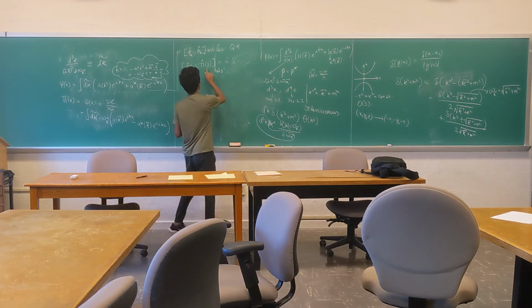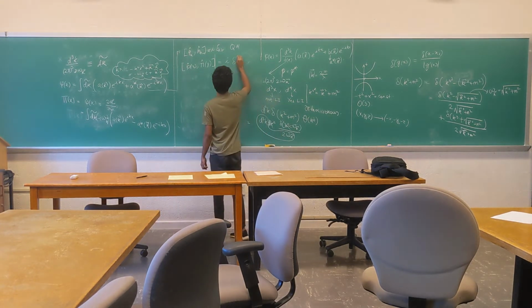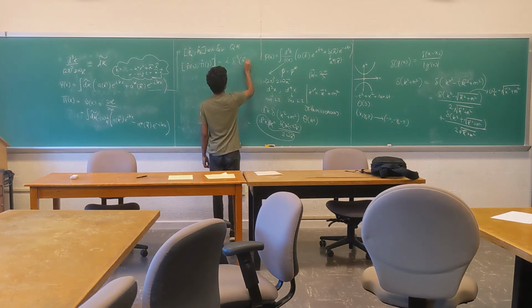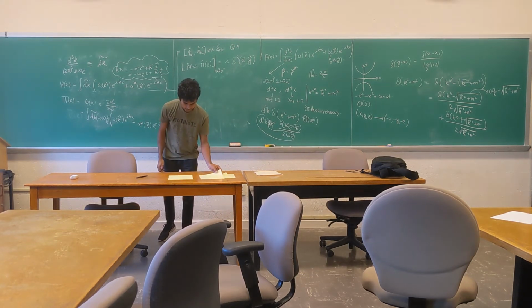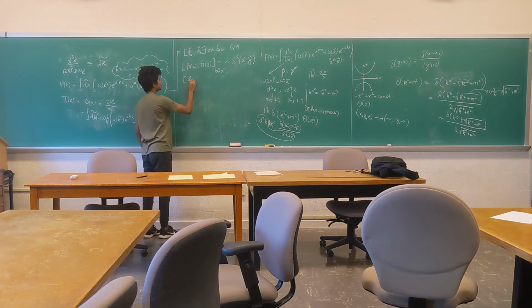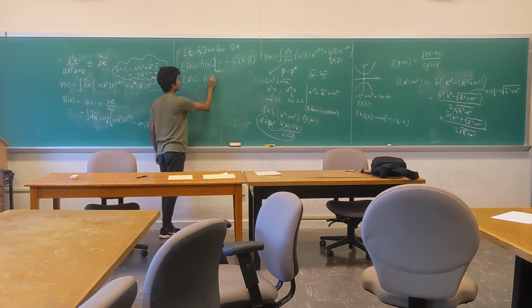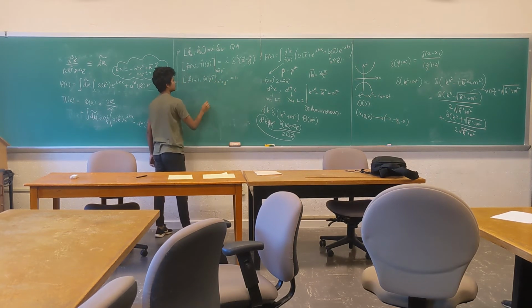Then you just have actually 3 variables inside this, each of them. So it's delta 3 of x minus y. And the other commutation relations are trivial. Phi hat of x, phi hat of y, at x naught equals y naught is 0, and same for pi.